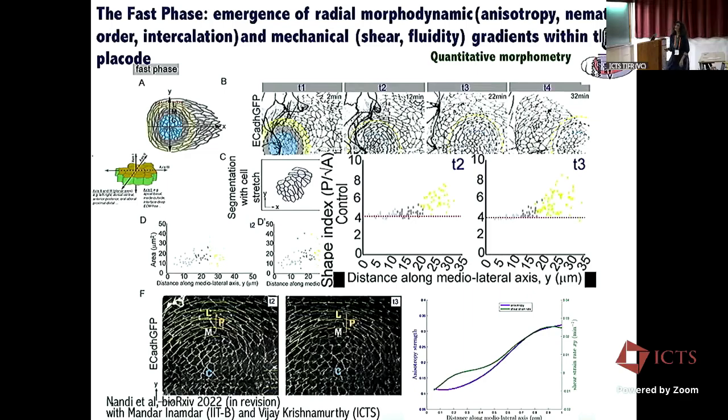And so this also led us to suggest that there's likely a gradient of fluidity, with cells at the center being relatively more solid compared to cells at the periphery. And again, with Mandar's help, we also measured the shear strain rate along this axis. And you can see a small but significant increase in shear strain rate going from center to periphery.